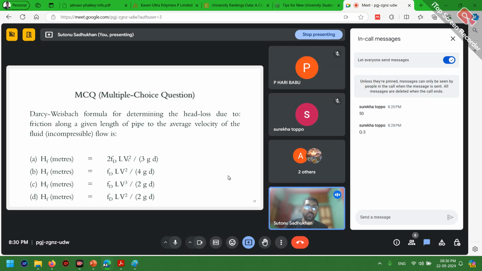So Q into H will be equal to the power of the pump, multiplied with certain factors. If you are considering horsepower, then you have to take into account the conversion factor from watts to horsepower. That means 1 horsepower equals 746 watts. Again, you have to consider G. G is the gravitational acceleration. So G into Q into H, that is your power formula.